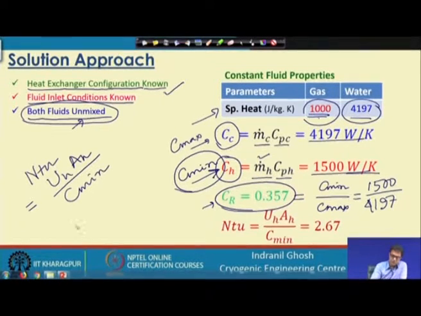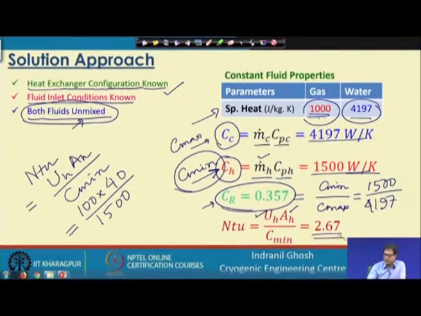What is UH? UH has already been given. AH value has also been considered as 40, and we have considered U to be 100 watt per meter square Kelvin, and C min is 1500. So, accordingly we will find that this gives us 2.67 as the NTU.